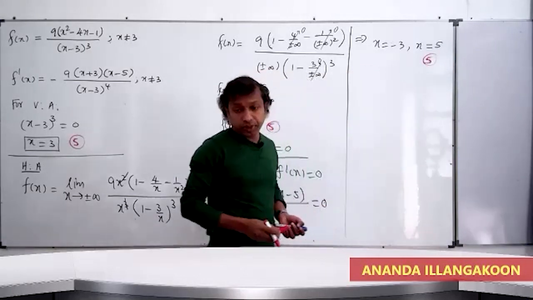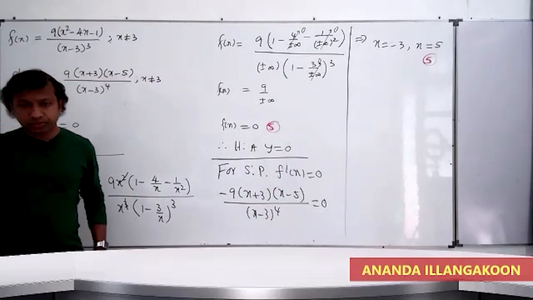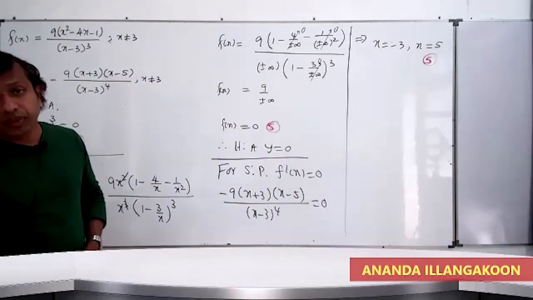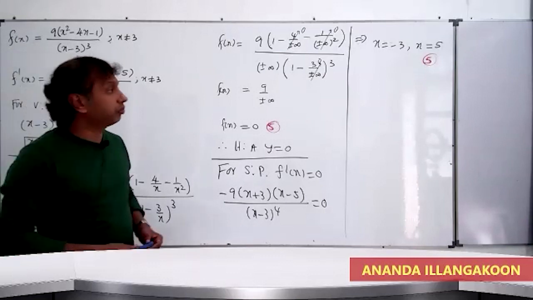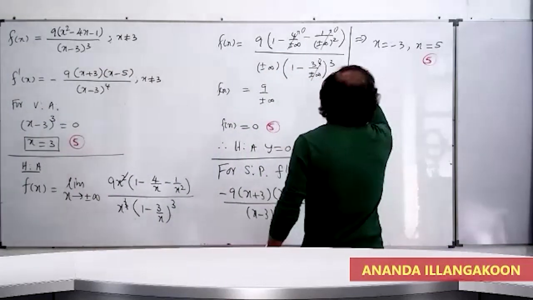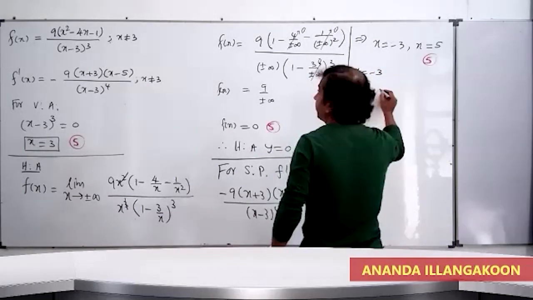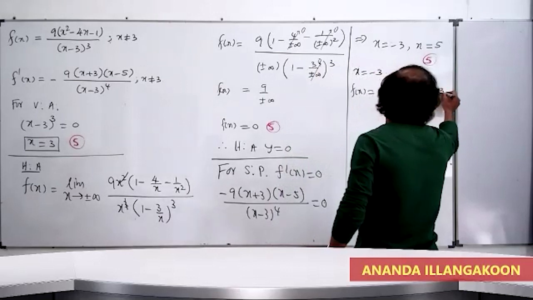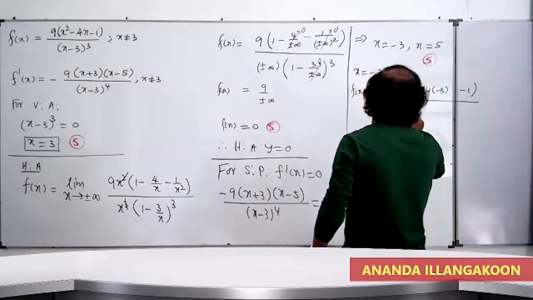Five marks for each of these. And we have to find the y coordinates at each of these x values, for which also 5 marks each are given. Substitute x equals minus 3 in the right hand side of f(x): minus 3 squared, 4 into minus 3, minus 1, divided by minus 3 cubed.